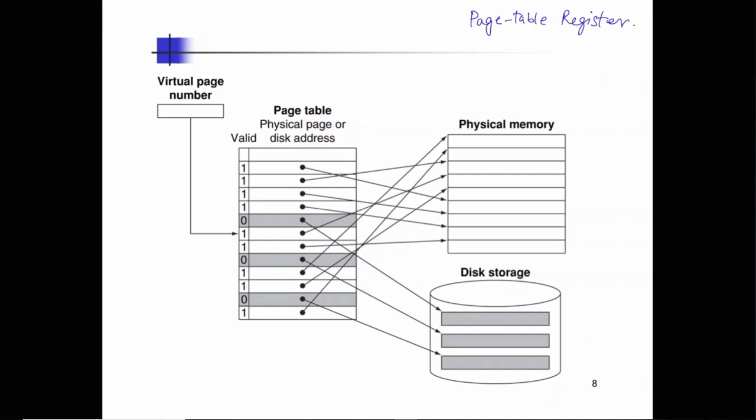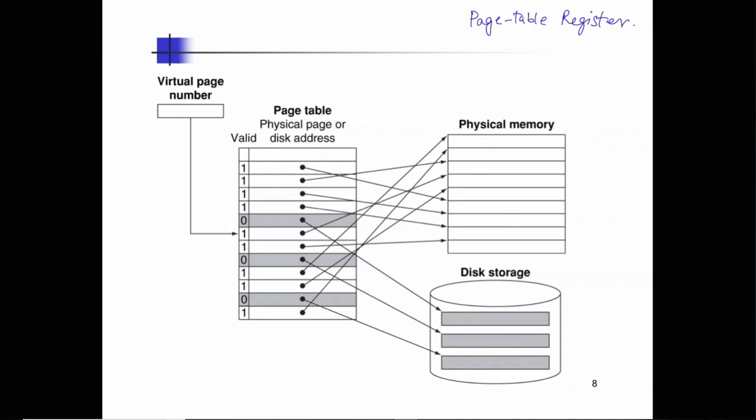Now, what does the page table allow us to do? Well, the page table essentially maps each page in the virtual memory, and we are going to have to know what that page number is to know the index here. It's going to map that page in the virtual memory to either a page in the physical memory or main memory, or a page stored on the disk, which is essentially the next level in the memory hierarchy.